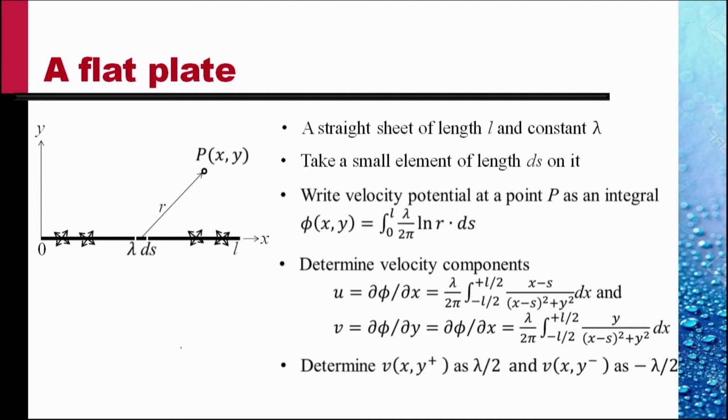And if we do this, then the vertical component of velocity v is obtained as lambda by 2 at a point slightly above the plate and minus lambda by 2 slightly below the plate. So there is a jump of velocity going from below the plate to above the plate, across the plate. There is a jump of velocity equal to lambda, the source panel strength.